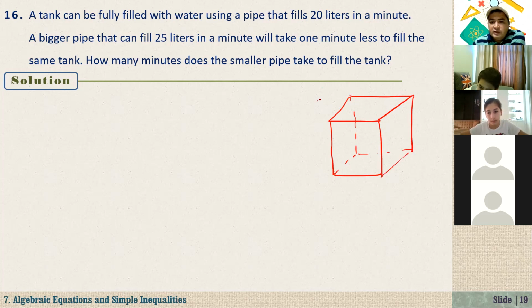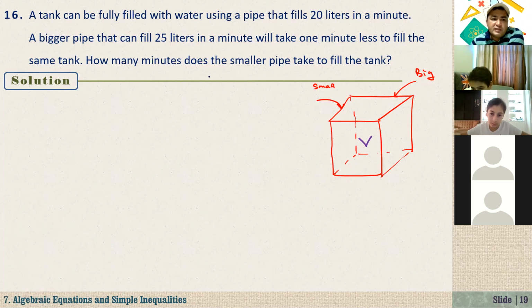Now here we have two tanks. This one is a small one, and here we have another pipe. This one is the big one. Suppose that the volume of this container, or capacity, is V liters.